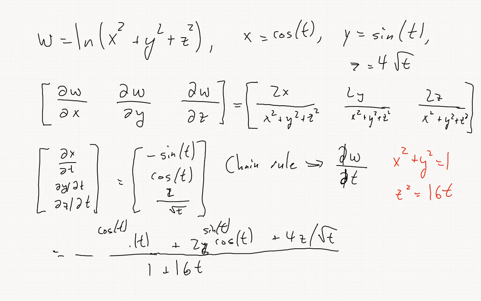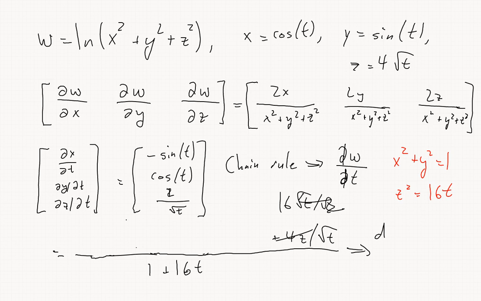So these will cancel out. And so we'll be left with just 4z. So this will become 16 root t over root t. So eventually we get that dw over dt is just 16 over 1 plus 16t.